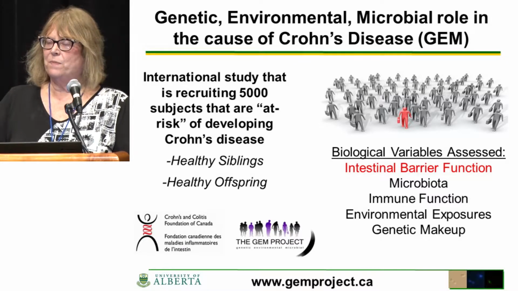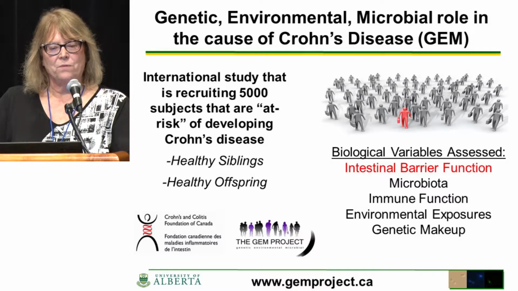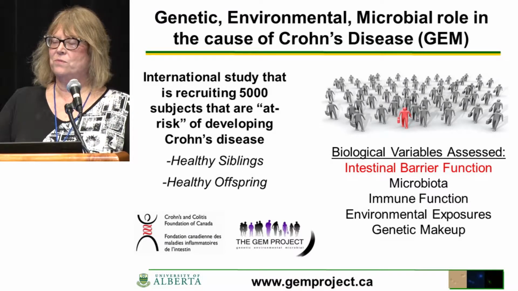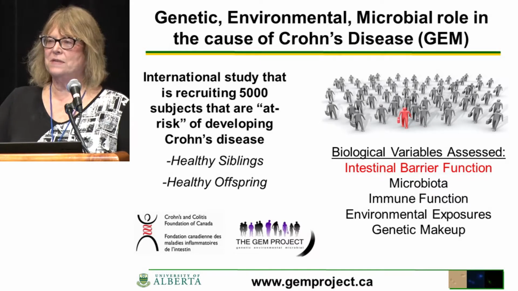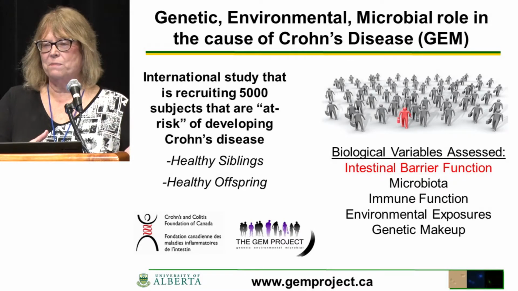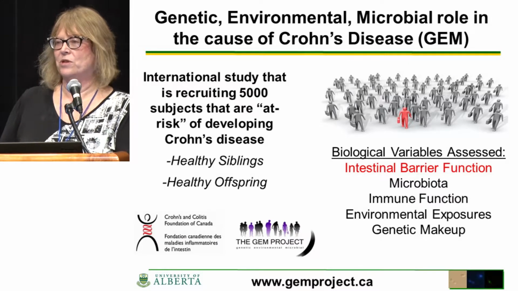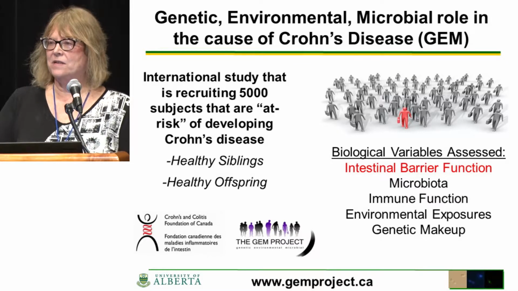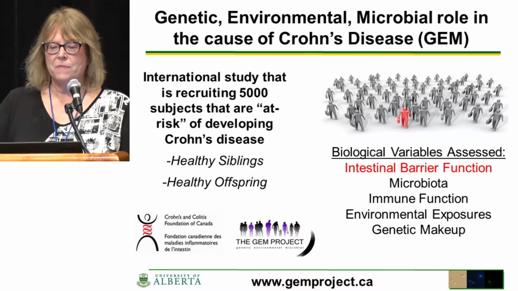But we started this back in 2009. And we said, what if we follow offspring or siblings of patients with Crohn's disease and see who develops the disease? And then if we look at what is different about those people compared to the people who don't get disease, maybe we can find what are the factors that predispose to disease.